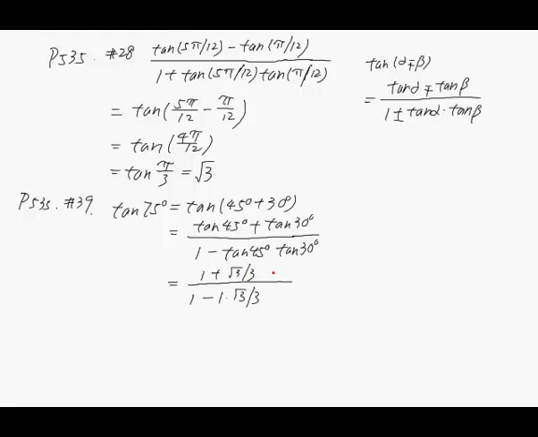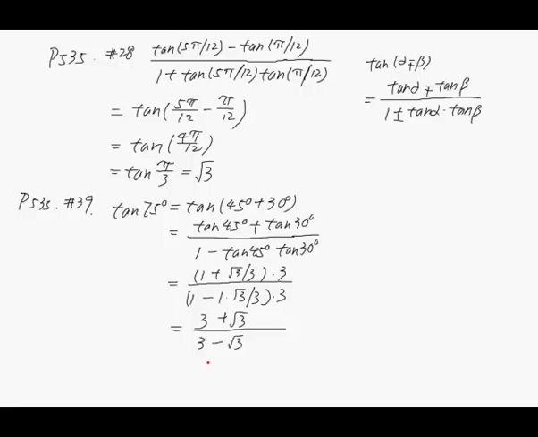We can multiply both the numerator and denominator by 3. Then 3 times 1 is 3, and 3 times root 3 over 3, the 3s cancel, so you have root 3. Similarly, in the denominator, you have 3 times 1, 3, minus root 3 over 3 times 3, you have root 3.